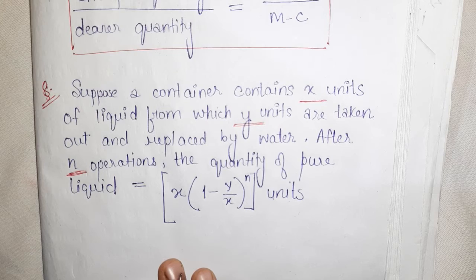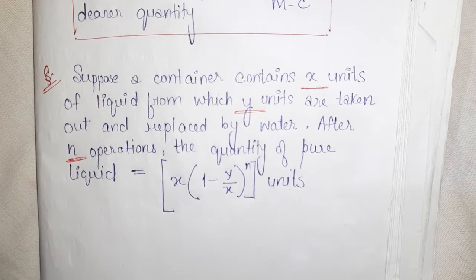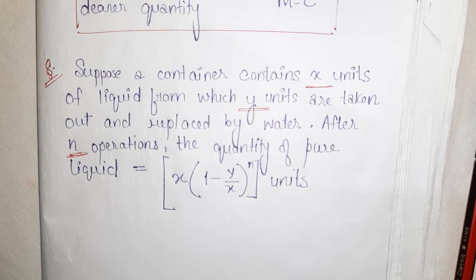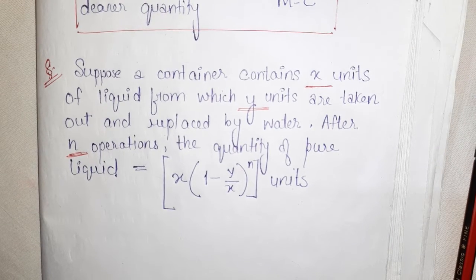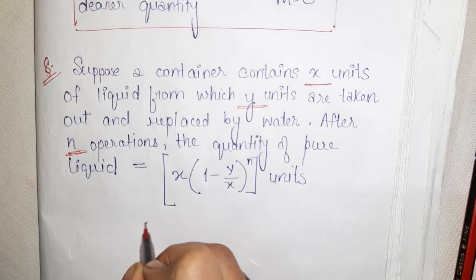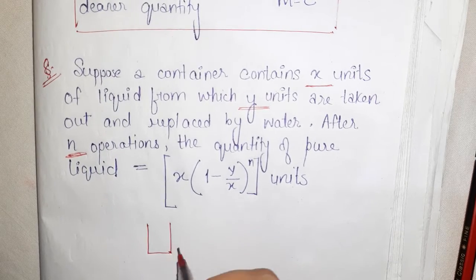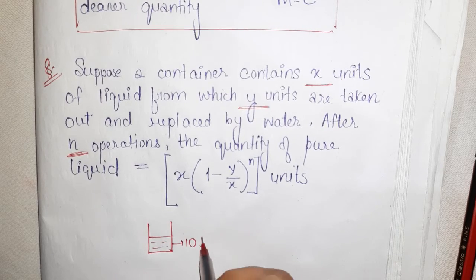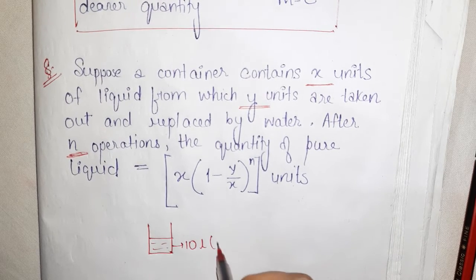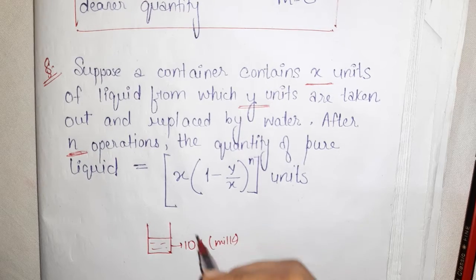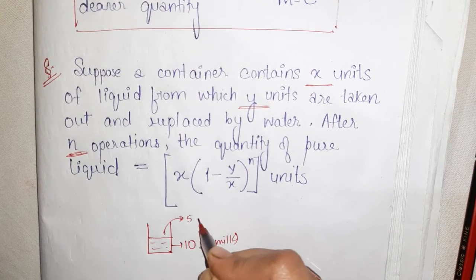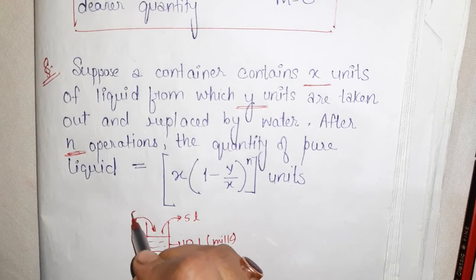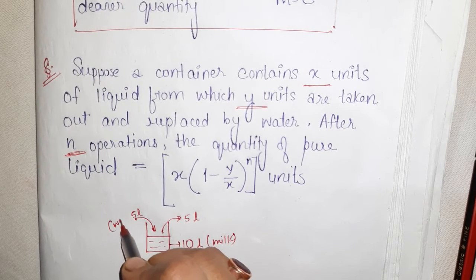Suppose in a container, I am giving an example. Suppose in a container we have 10 liters of milk, right? Initially we have 10 liters of milk. Then we take out 5 liters, and here we add 5 liters of water.